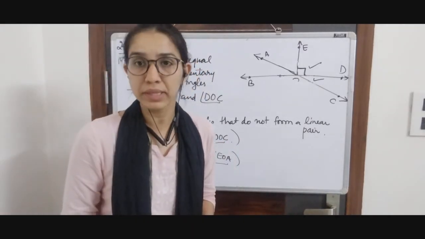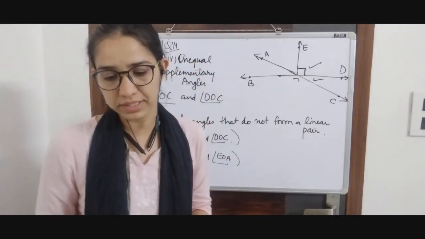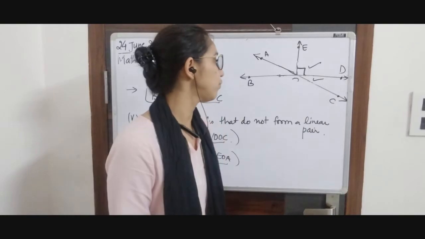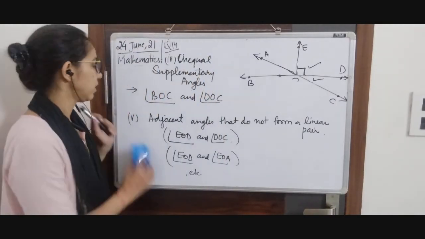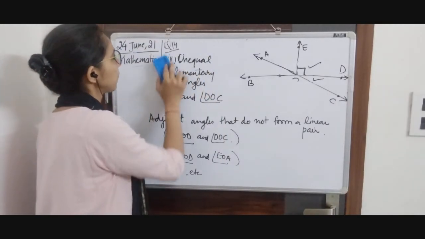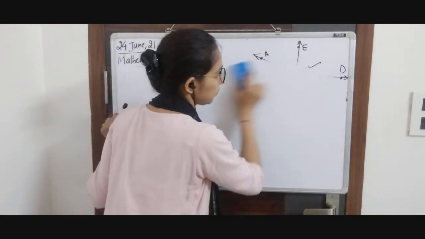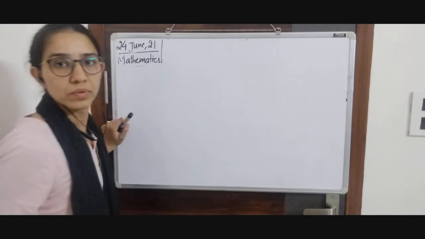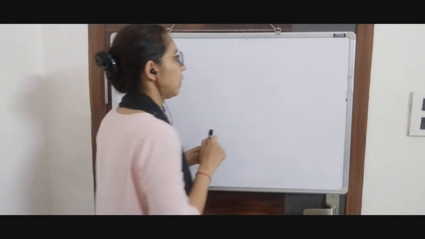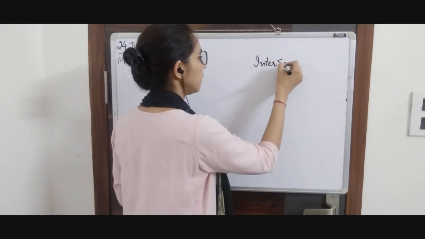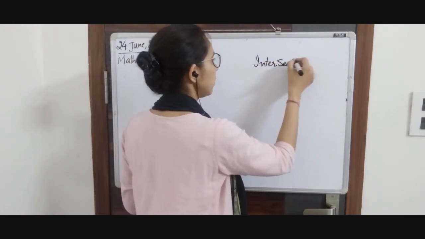Now the next topic that we are going to discuss is the intersecting lines, the transversal lines, and the angles formed by the transversal line. We have completed the exercise. Next topic. First we are going to talk about intersecting lines, same chapter.